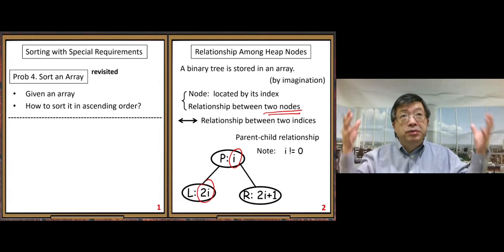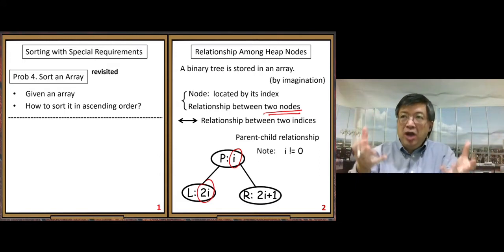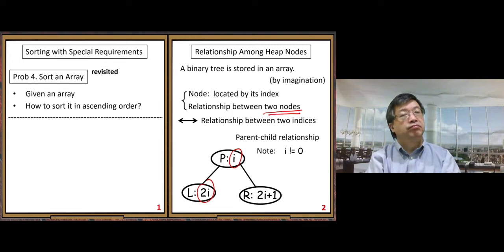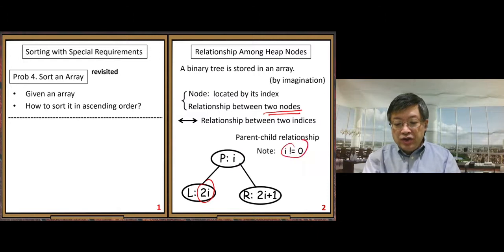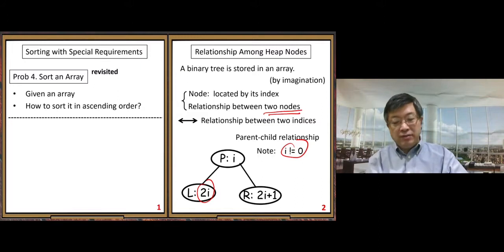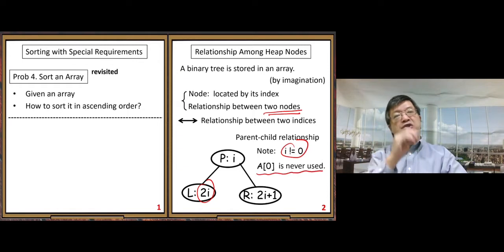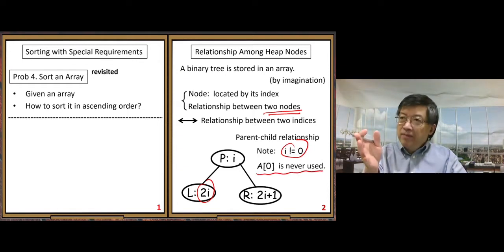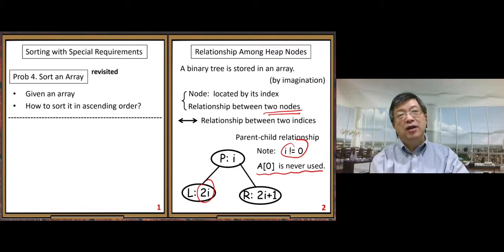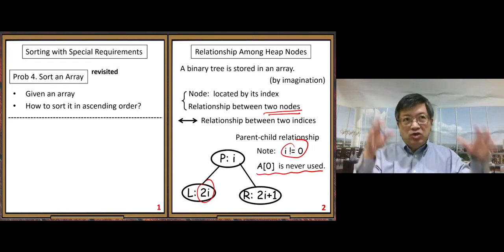We do not allow two nodes to share the same index. So for that reason, this index will not be used in our heap. So A of 0, the first element in the array, is never used for the heap. You can use it for other purposes, that's fine, but do not use it as any heap node.